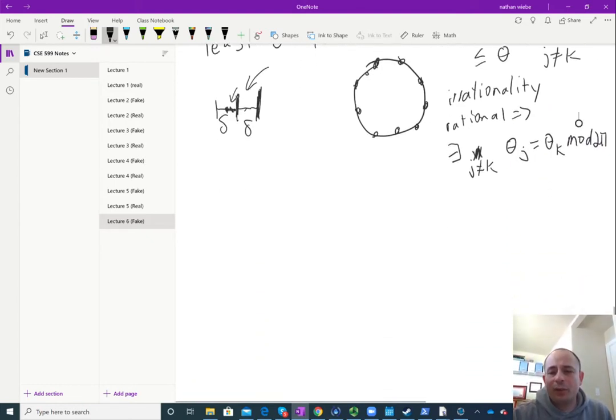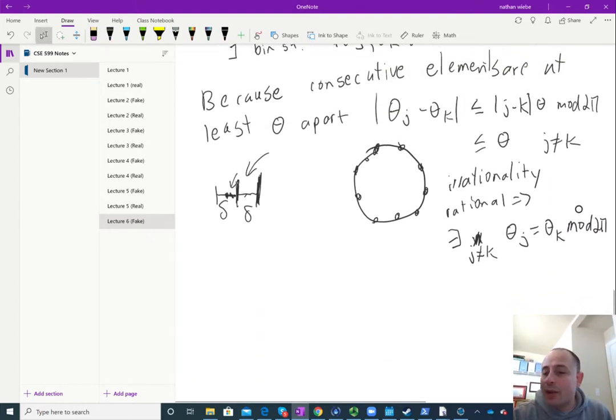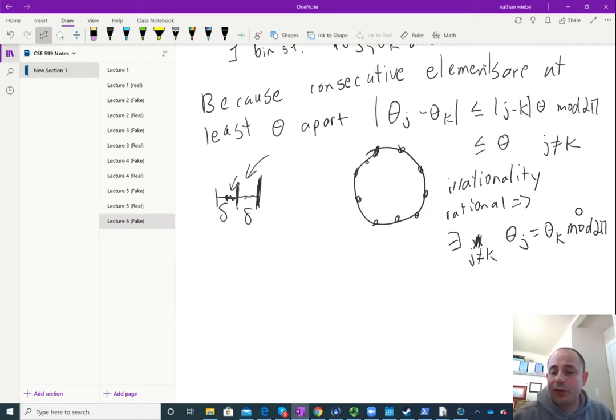However, because we've assumed that they're irrational, this will never happen. Because they're at least theta apart, they can't clump, and so the only thing left is that they have to uniformly fill the circle.